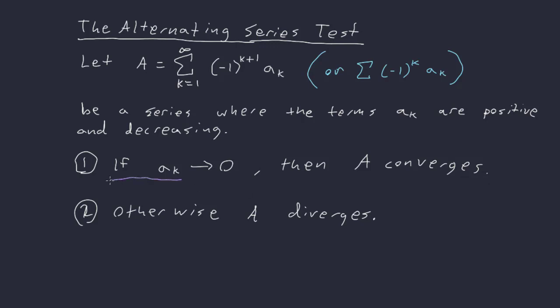If the non-alternating pieces go to 0, then the alternating series will converge. Otherwise, the series diverges. Like I promised, this is probably the simplest test we have. And this is only true for the alternating series. All we have to do is check that the non-alternating part goes to 0.